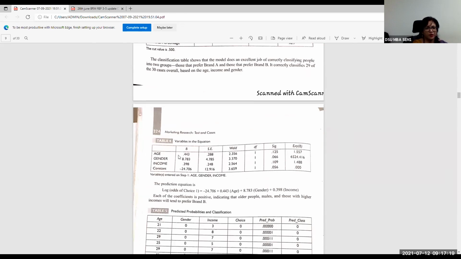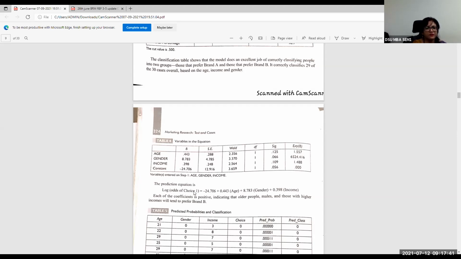It is not important for you to do the calculations manually, but it is very important as a management resource person to understand how to interpret the variables. So here what you get is the variables in the equation, and the prediction model will be in the form of the log of the odds of choice. So odds basically is the probability of a certain thing happening divided by the probability of the other thing happening.